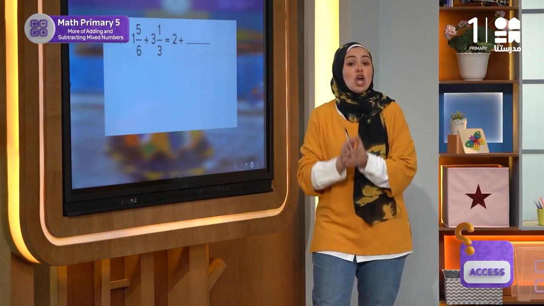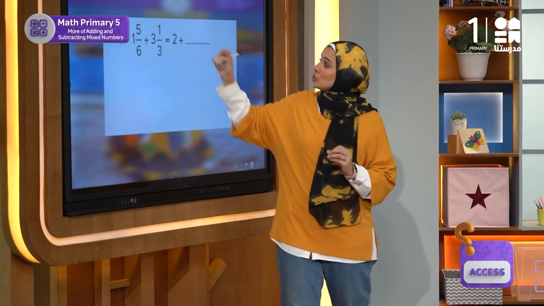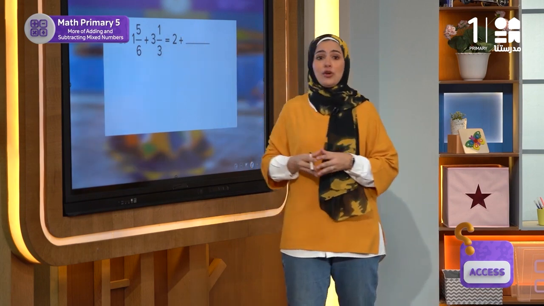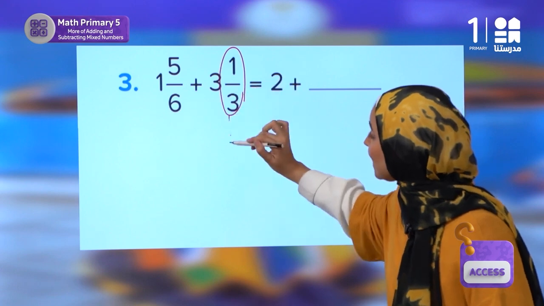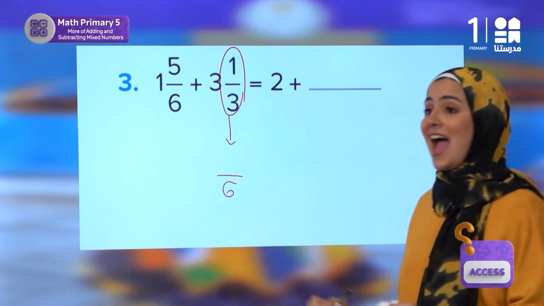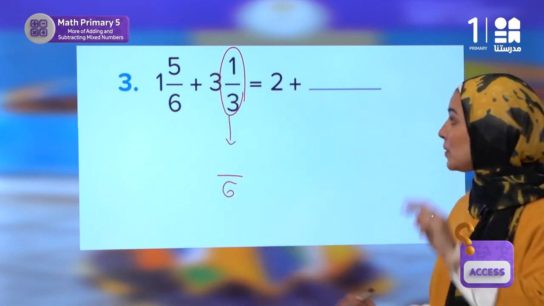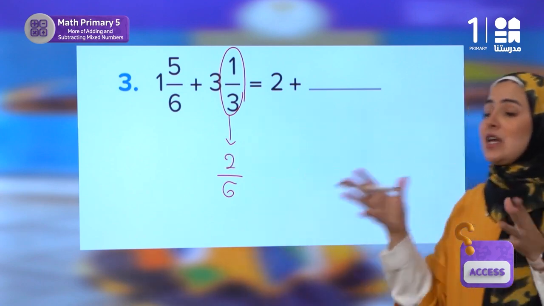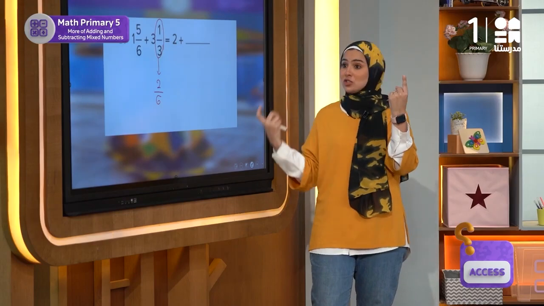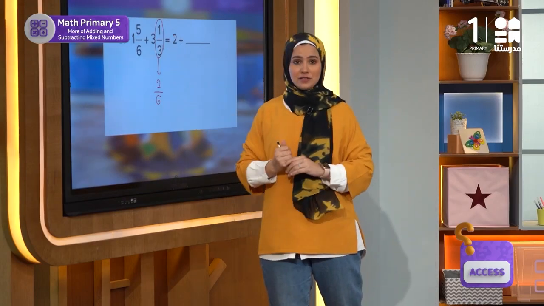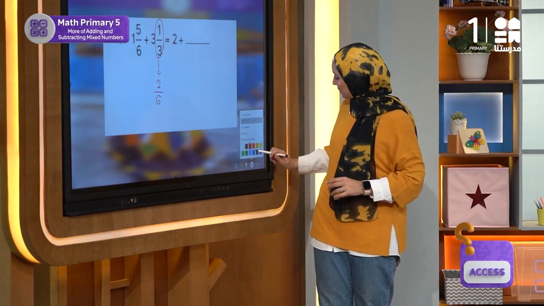Let's check. What is the 1/3 originally if I'm going to take it with a denominator of 6? Excellent. This is going to be 2/6. Now, we need to take 1/6 of this number and add it over here. When I do that, what will happen?